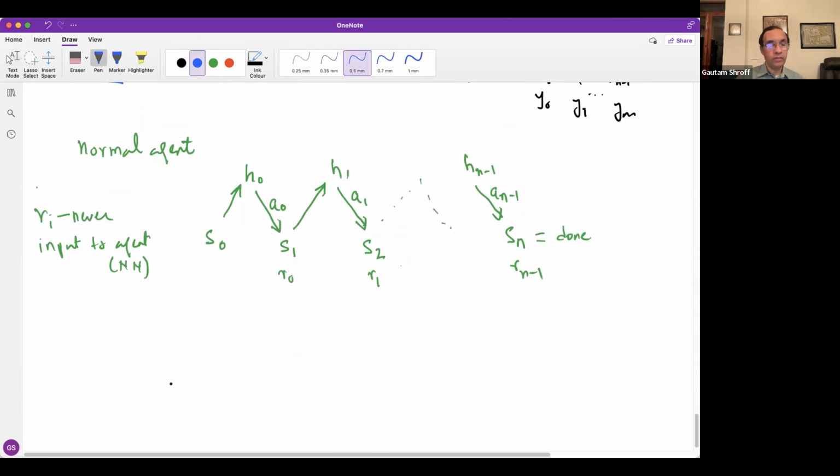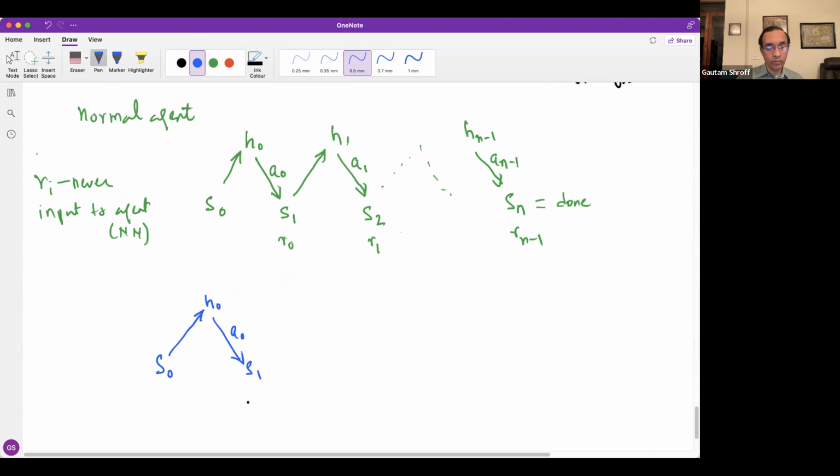why not do the same thing? Your state is going to produce H0. You're going to get out an action A0. You're going to go to S1. You're going to get a reward R0. But you're also going to put that R0 in over here.